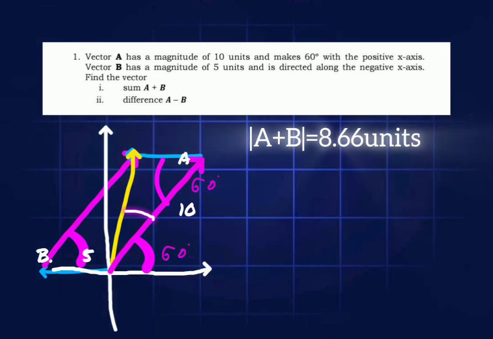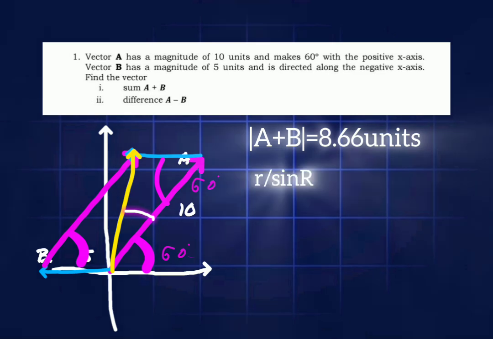The side opposite to this 60-degree angle is 8.66025, as we've calculated, and we also have the 60 degrees there. So we write that as r over sine R. The capital letter represents the angle, the small letter represents the side. I'm using r to show resultant.